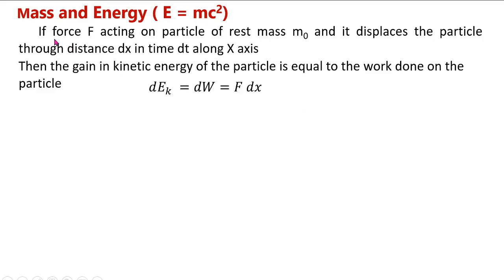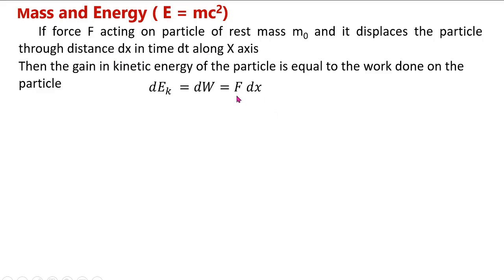Let us consider a particle of rest mass m0. If a force F acts on this rest mass m0, and because of this force the particle is displaced through distance dx in time dt, then the work done is equal to force into displacement.